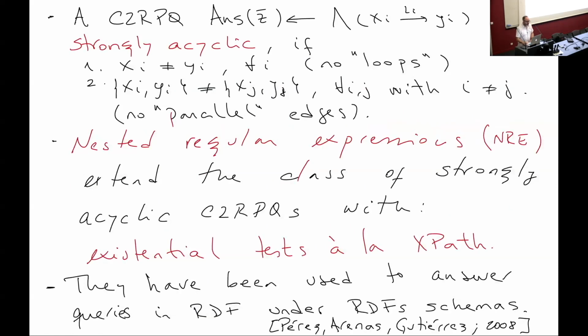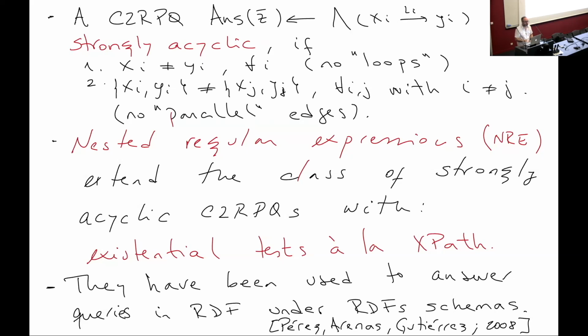So let's say that a C2RPQ, as before, is strongly acyclic if, first of all, it doesn't have loops. Before, acyclic queries allowed loops and parallel edges, but we will say that they are strongly acyclic when, in addition, we have no loops and no parallel edges. So nested regular expressions will extend the class of strongly acyclic C2RPQs with existential tests a la XPath.